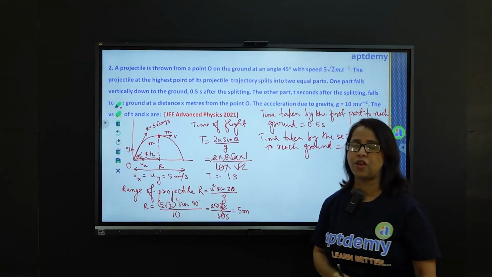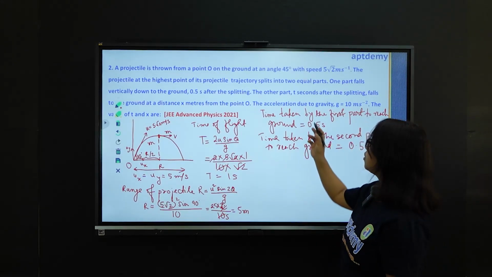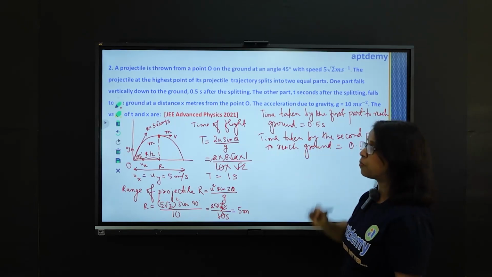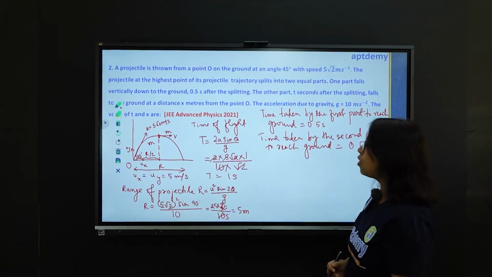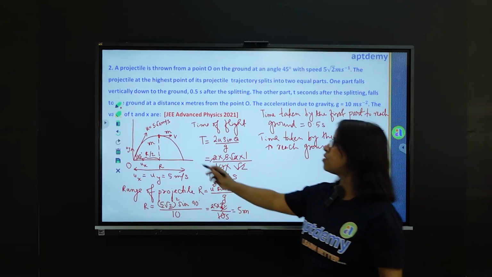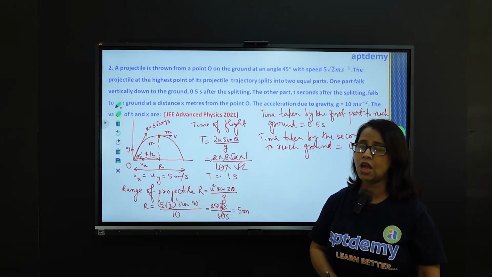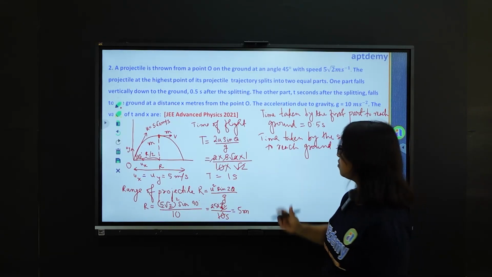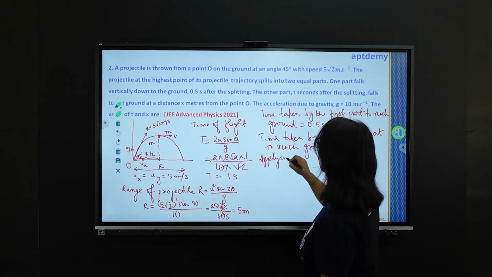The total time of flight was 1 second. For the first part of the projectile it was 0.5 seconds, so for the second part also it is 0.5 seconds. Now for the second part, which is assumed to be moving with a velocity v, how do we find that velocity v? For that we apply the principle of conservation of momentum.